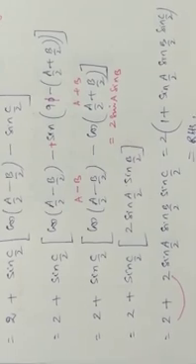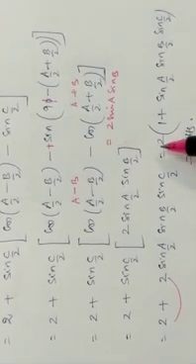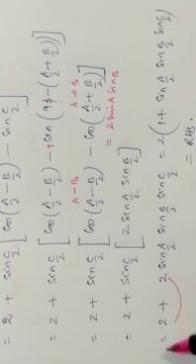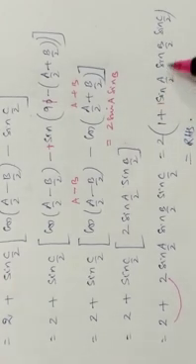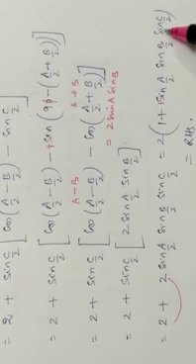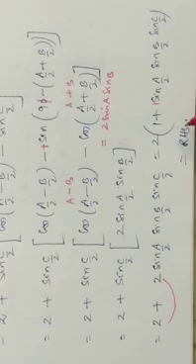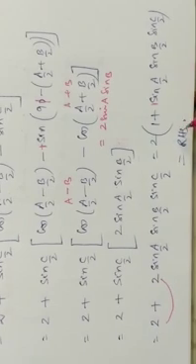By taking 2 common, the remaining is 1. 1 plus, taking 2 common the remaining is 1. So 1 sin A by 2 sin B by 2 sin C by 2. That is our required RHS. Hence our problem is over.